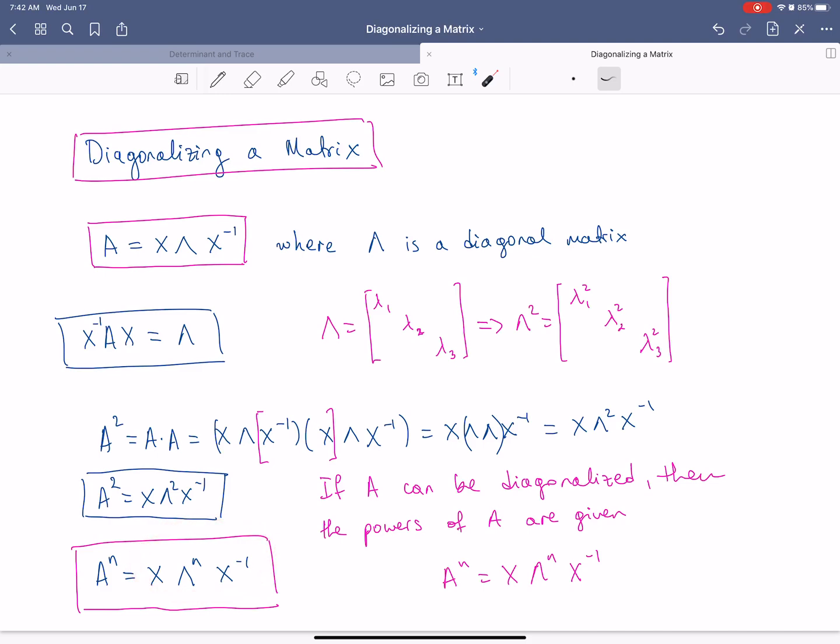And another thing is that, I see here I'm abusing this n a little too much. Maybe I can change the n in the powers here into a k. The reason I say that is because I'm using n to mean the size of the matrix. So my matrix A is n by n. So just not to confuse the powers with the size, let me say A^k here, A to the k.